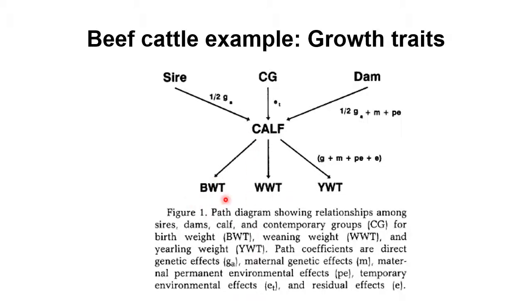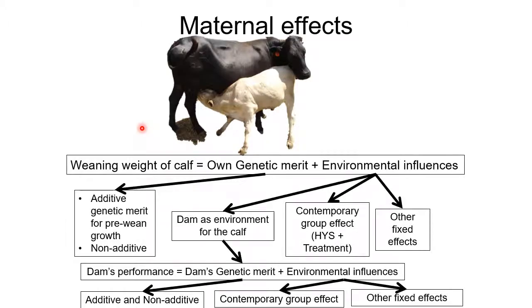So in this case, where we have birth weight, weaning weight, and yearling weight, the biggest influences maternally would be on birth weight and weaning weight, because that's when the calf is very much dependent on the maternal effect of the dam. To a lesser extent at year-old weight, because the calf has to look after itself after weaning.